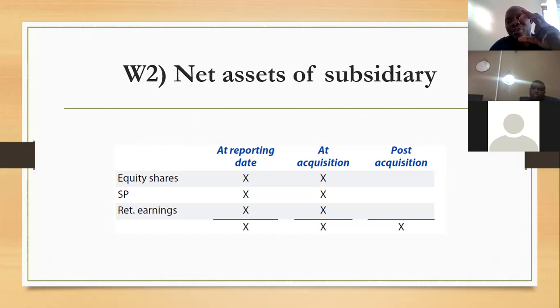This component of the group accounts computations is very, very important, because it's from here that we are able to compute. Whatever you get here affects your goodwill computation. This is what you get.